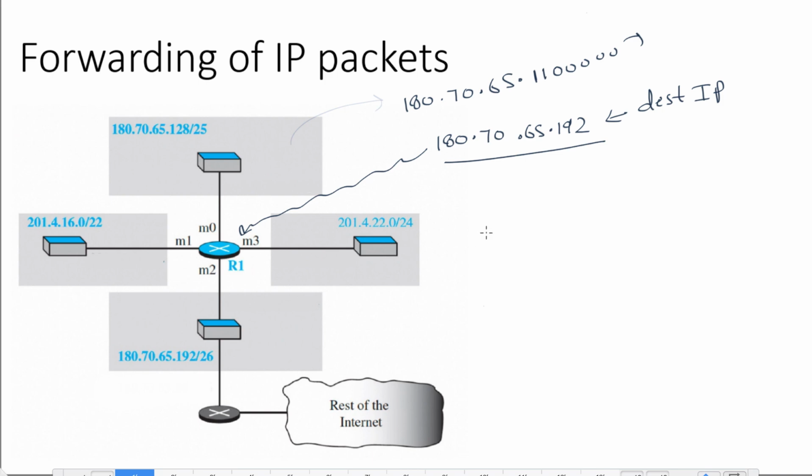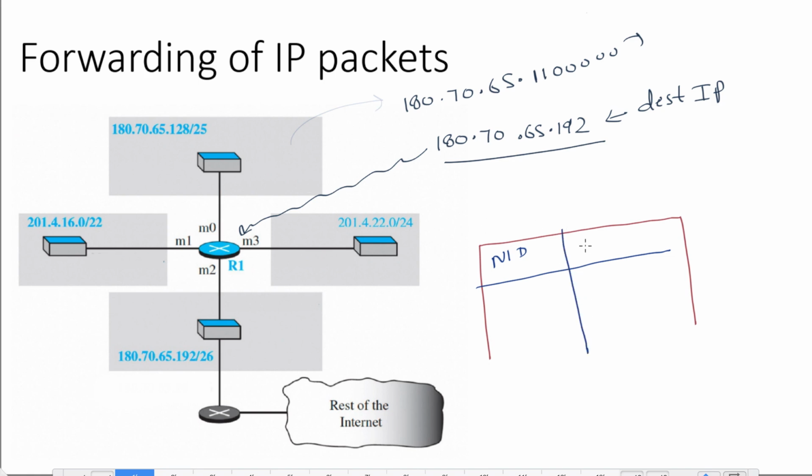Now, there are a few fields that R1 or any router is required to have in any routing table. One field is called network ID, that is NID, for each network to which it is connected. It is connected to these four networks, and these are the four network IDs that I have.